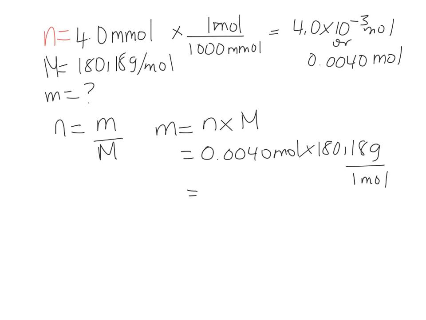Anybody want to tell me what the answer is? You get the exact same number, so it doesn't matter which way you choose to do it, you'll get the same answer. Once you get comfortable with dimensional analysis, it'll go really fast.